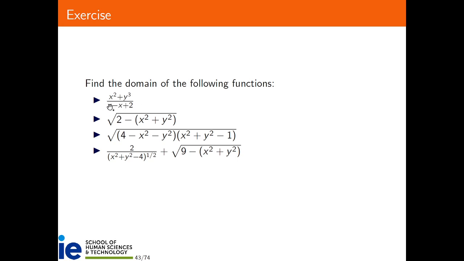So in this case, the domain cannot be R squared, it must be some subset of it, because y and x cannot take just any values in R. The domain will be the subset of R squared where y minus x plus 2 is different from 0. Here I don't want to be very precise, I just want you to get the intuition behind it.